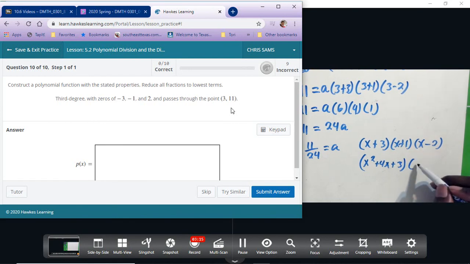Then we're going to multiply that by x minus 2. So I'm going to go all the way down the row with x and then all the way down the row with 2. x cubed plus 4x squared plus 3x, and then minus 2x squared minus 8x minus 6.